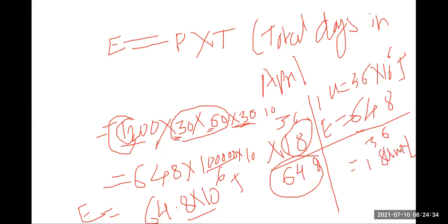First we took the value in joule, now we got the total energy consumed by that iron as 18 units. Yes or no? Anybody having doubt? No, sir. Okay, can I take the next problem then? Yes, sir.